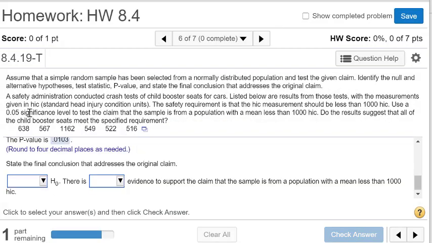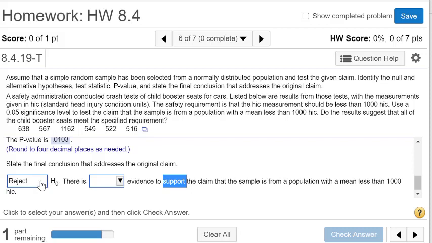Compared to our significance level, this number, 0.0103, is less. So our p-value is less than the significance level. Whenever our p-value is less than the significance level, we're going to reject the null hypothesis.